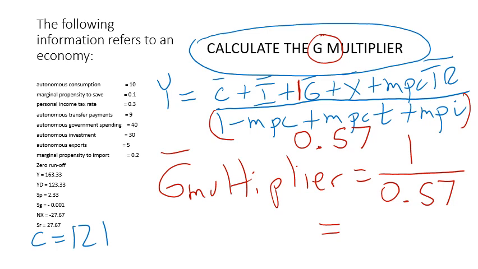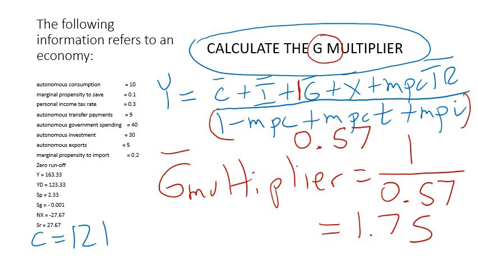Let me pause and do the calculation here. It's equal to 1.75. All right, 1.75. So what does that mean, basically? It means that for every dollar which the government spends, GDP will increase by $1.75.